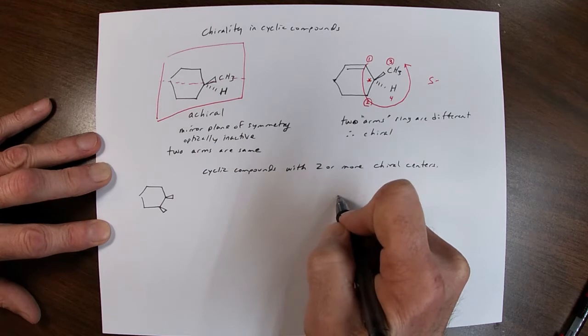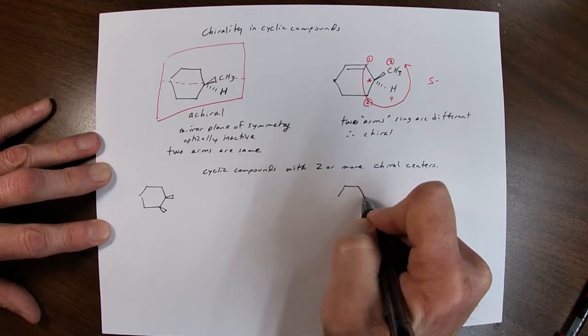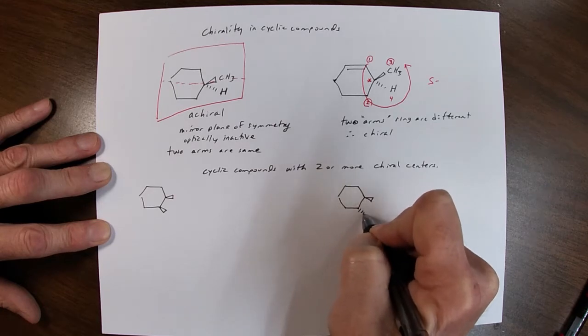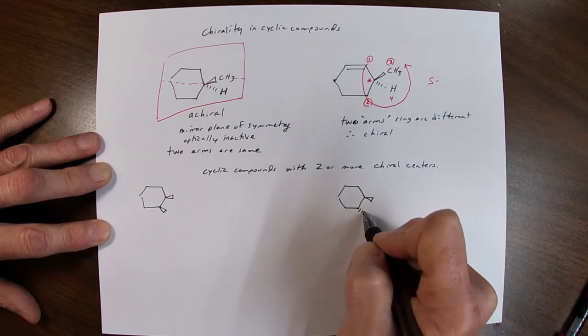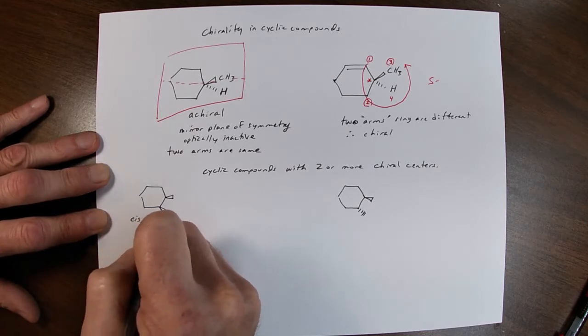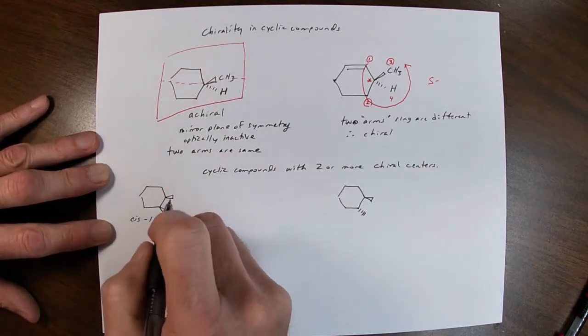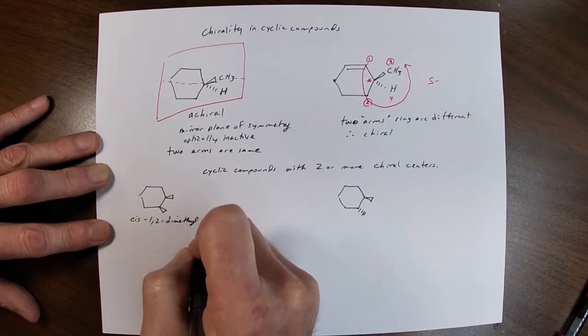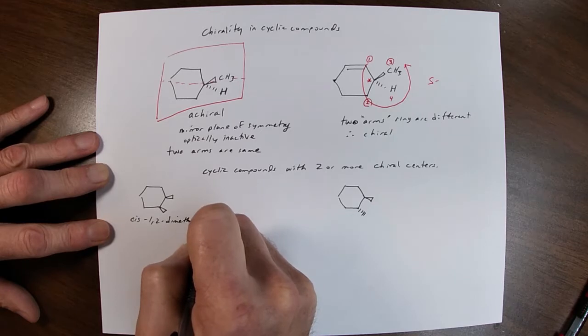So I'll do the cis right there, and I'll do the trans over here. Okay, the cis, again, I can do these with methyls or bromines or chlorines or whatever. I'm going to do this with methyls. So the cis 1,2-dimethylcyclohexane.